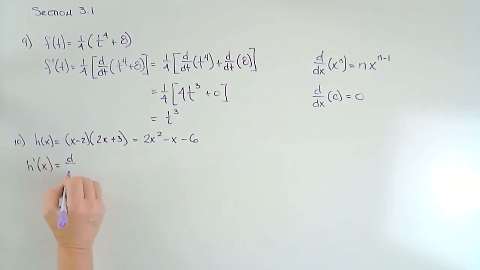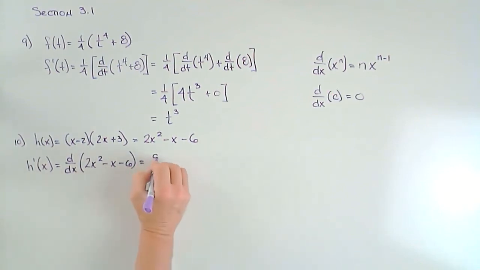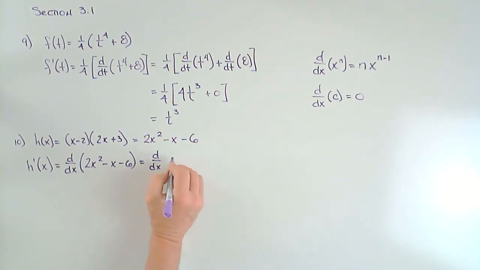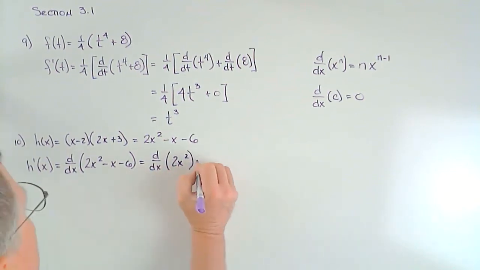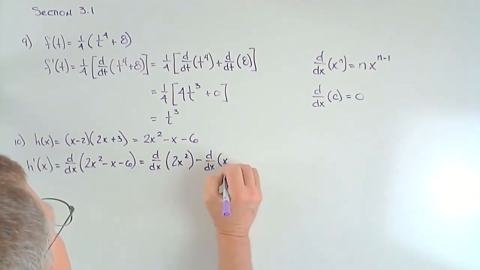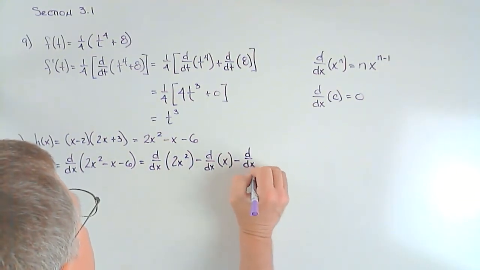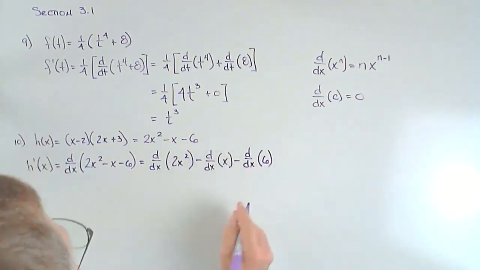So we're going to take the derivative with respect to x of 2x squared minus x minus 6. Using our derivative rules, that's the derivative of 2x squared minus the derivative of x minus the derivative of 6.